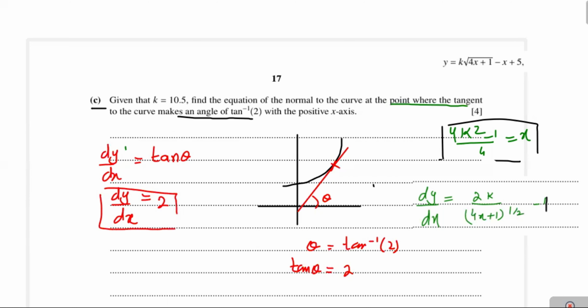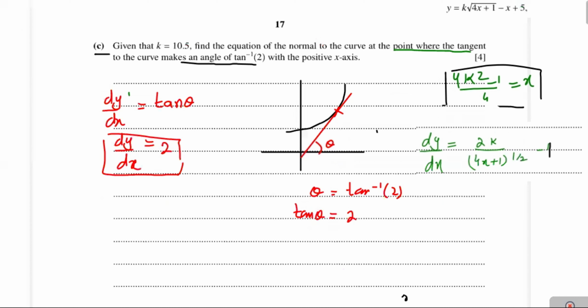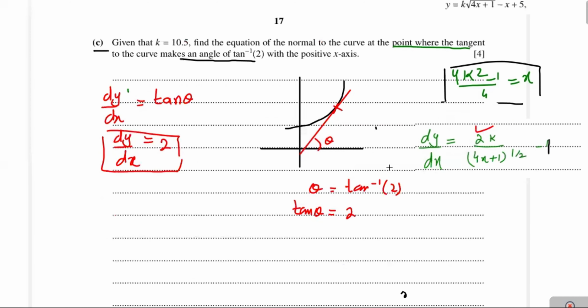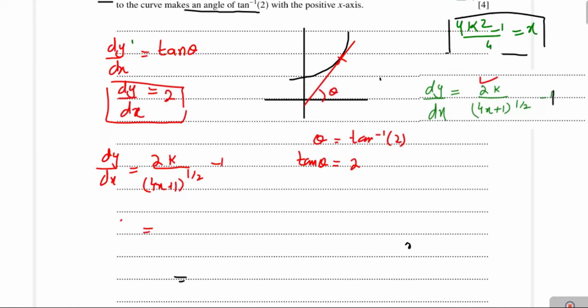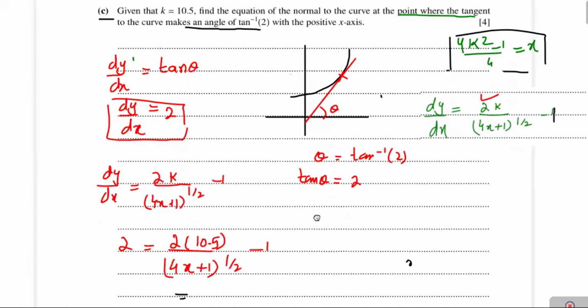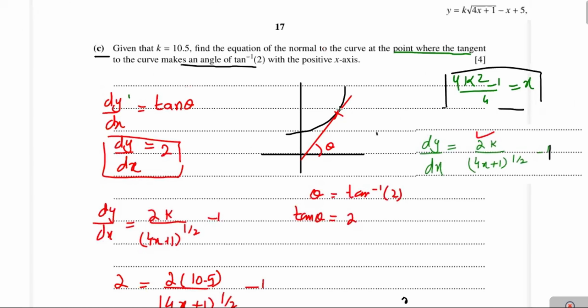And using this value, we can find the value of x by using this equation, dy over dx equal to 2k over (4x + 1) power 1 over 2 minus 1, and the value of k is 10.5, and dy over dx is 2. This value of x will be the point where the tangent to the curve passes.